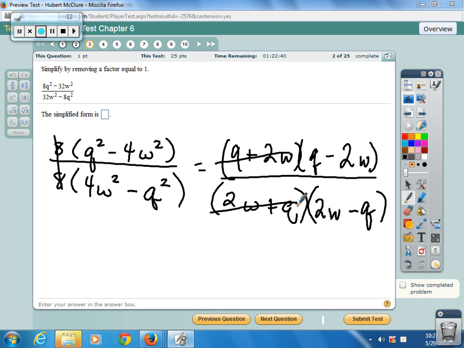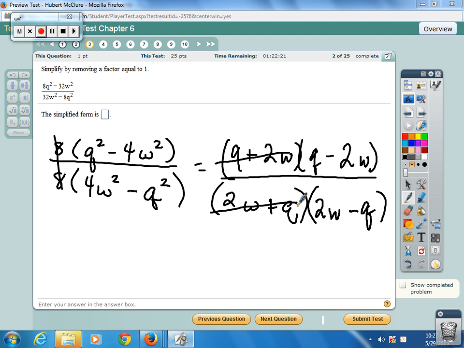Those two, because addition is what? What is addition and multiplication? Starts with a C. Commutative, Hubert. That's right. So A plus B is the same as what? B plus A. You can knock these two out.